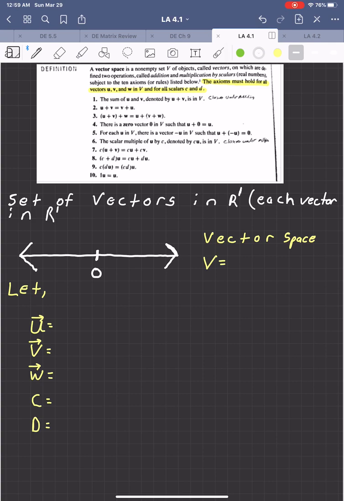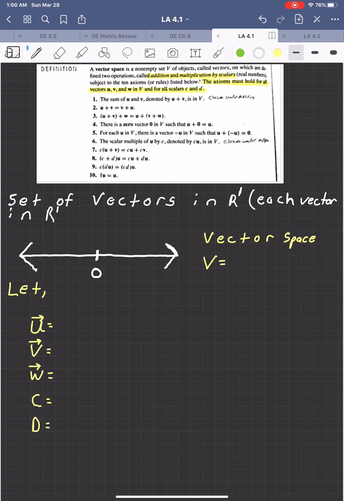And a set of scalars, of which there are only two operations allowed. Remember, the only two operations allowed are vector addition and scalar multiplication. Now, you have to think of it like you are in essence looking at this as a system, okay?